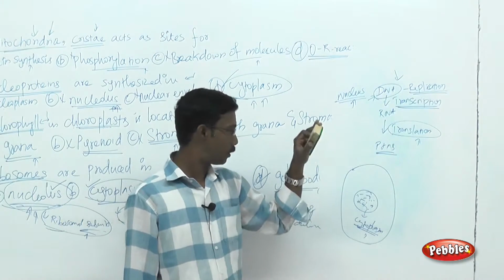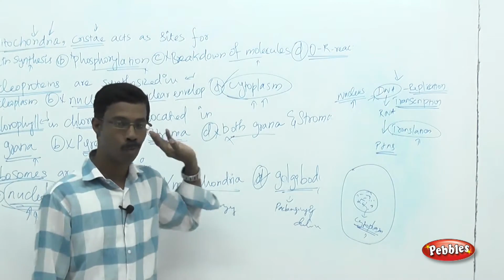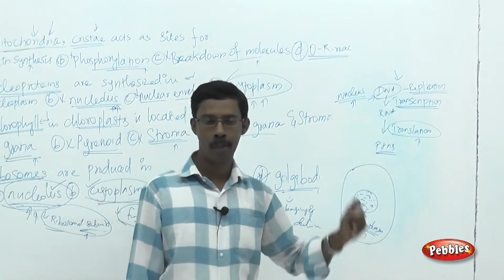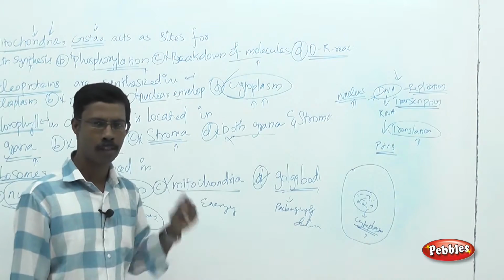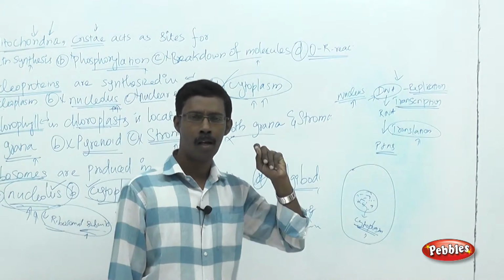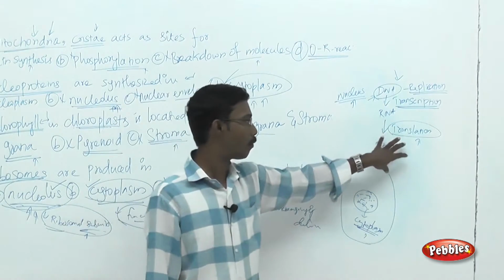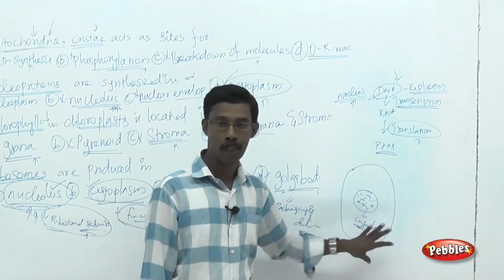The protein synthesis, or translation, happens in the cytoplasm. As I told you in the previous question, whenever you are thinking about the synthesis of proteins, whenever you are thinking about translation, you have to remember the cytoplasm, not the nucleus, because the molecules involved in translation will be transported to the cytoplasm.